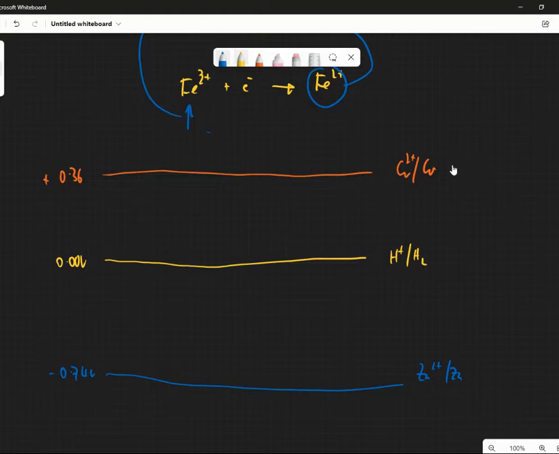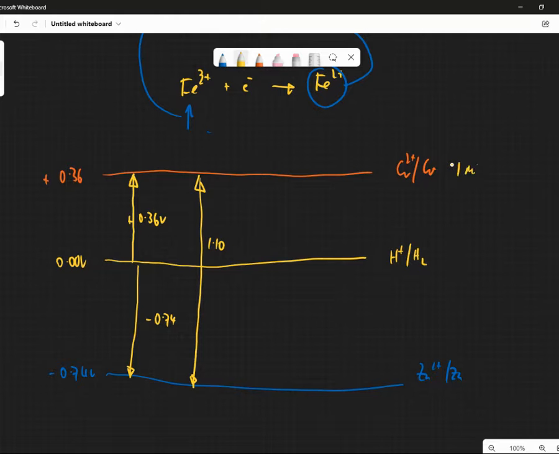Okay, so if I did a copper with hydrogen, I'd get a cell potential of plus 0.36. If I did a hydrogen with zinc, I get a cell potential of minus 0.74. But if I did a copper and zinc, I get a cell potential of 1.1. It's just the difference, yes? And this is copper at 1 mole per decimeter cubed.